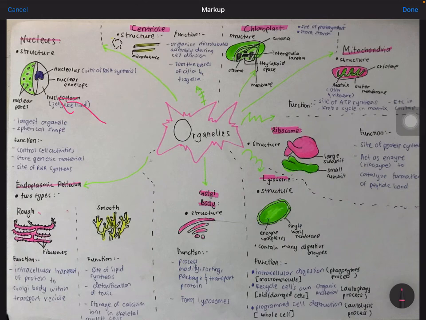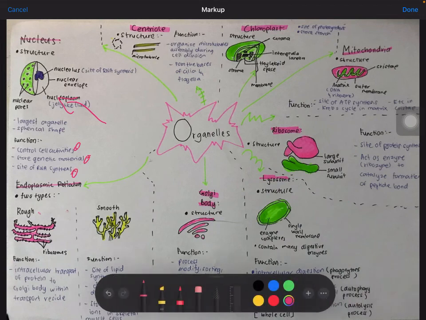The nucleolus is the site of RNA synthesis, and the nucleoplasm is just like a jelly-like fluid. The nucleus is the largest organelle, spherical in shape, and its function is to control activity, store genetic material, and be the site of RNA synthesis.